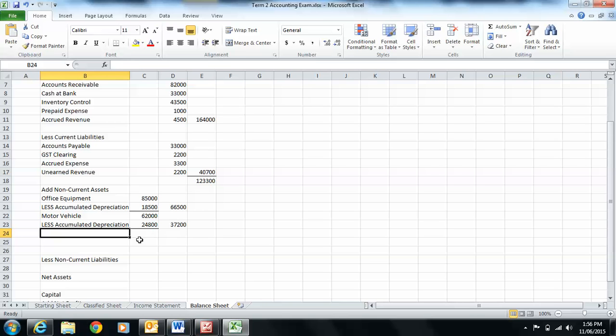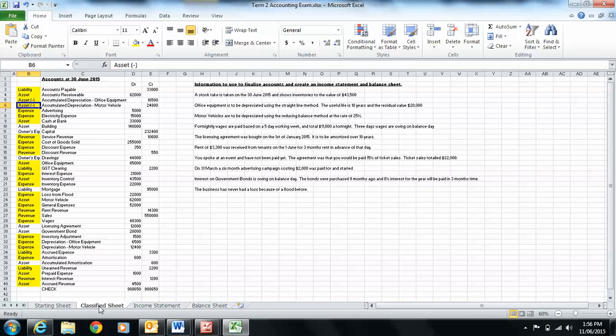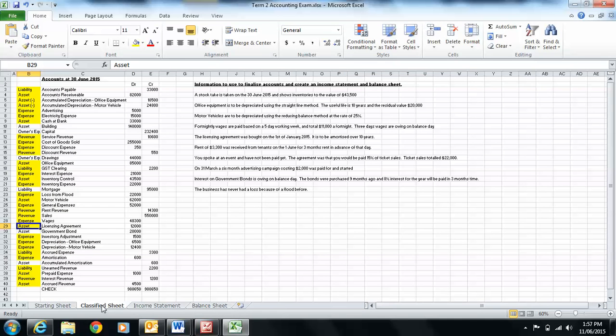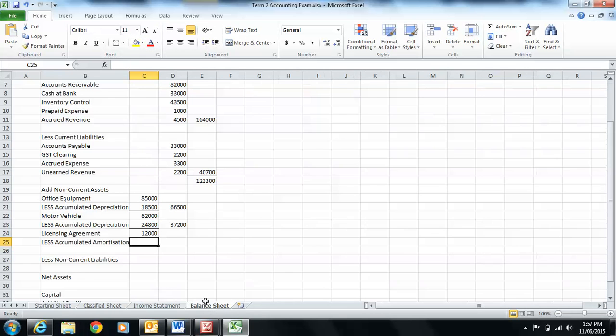So we're going to have a couple more. Now we need to get any other assets that we have through here. We have the licensing agreement, which has a value of $12,000, but it's got to be less accumulated amortization, which is $600. So it has a value of the $12,000 less the $600 of value that's been used up.